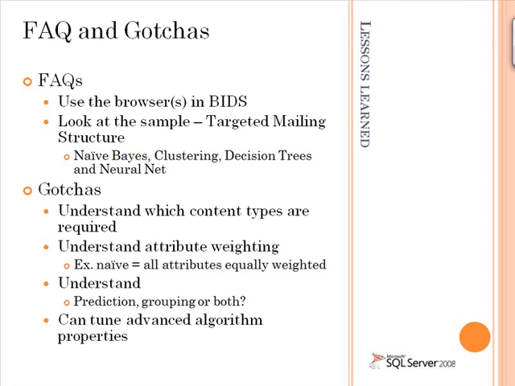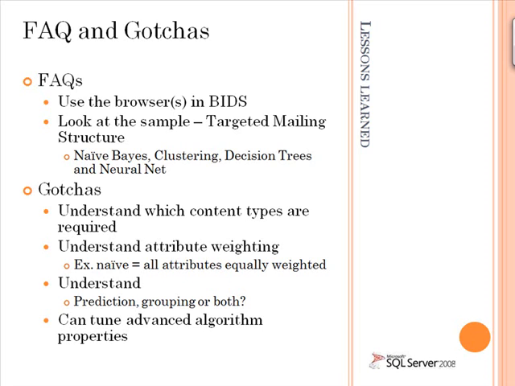It's important to understand when you're implementing a particular data mining algorithm that these algorithms support the processing of data which is associated to particular content types. In particular, we're going to look at the difference between continuous and discrete or discretized. Also, some of the algorithms weight attributes differently.